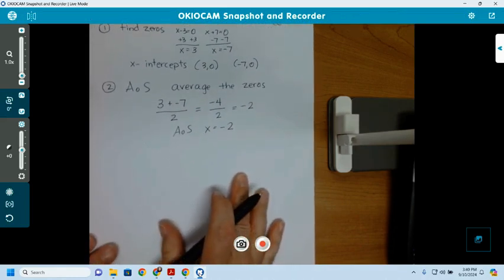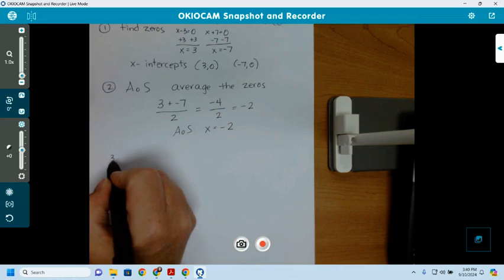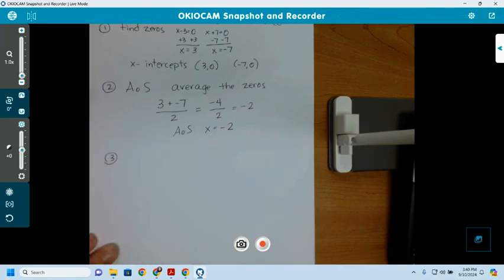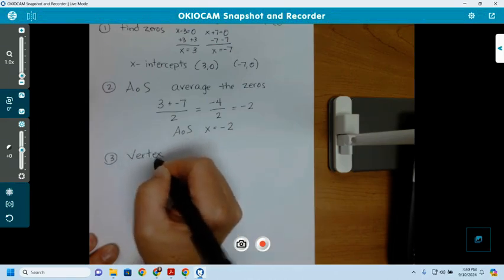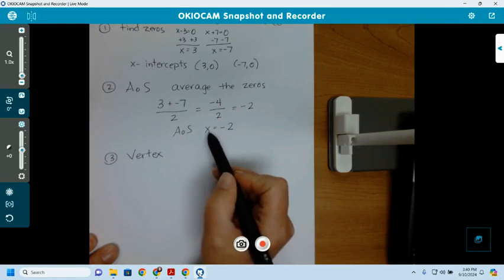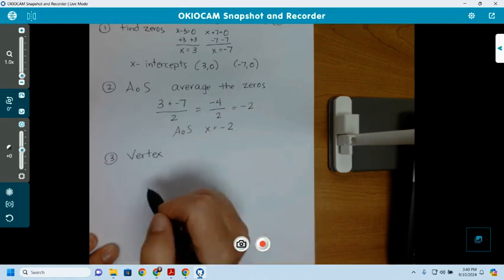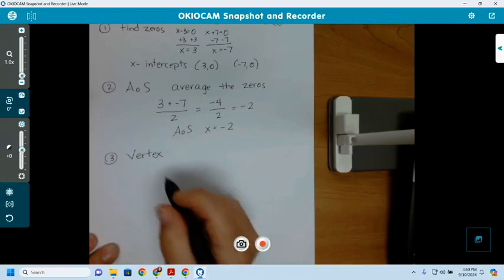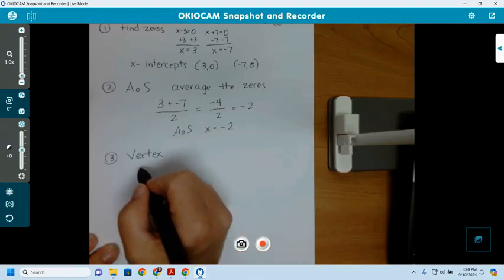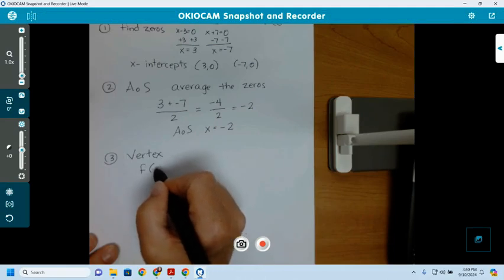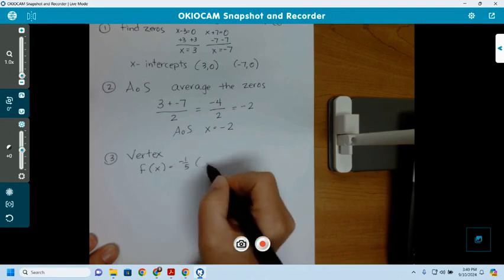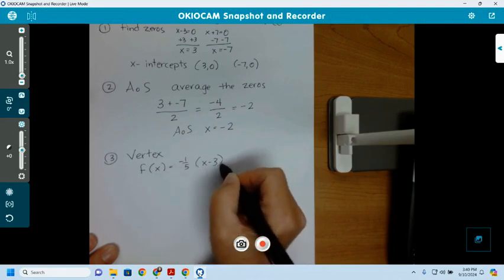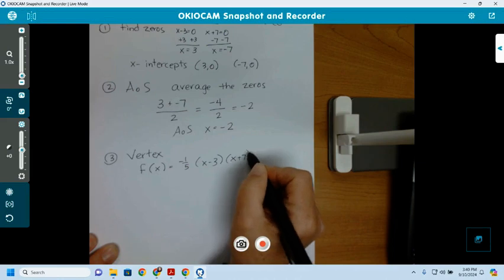Once we know the axis of symmetry, the next thing that we can figure out, if you look on your flip book, is to find the vertex. Once we know the x value, let's plug it into the original equation and we can find the y value of the vertex. So the original equation is f of x equals negative 1/5 times x minus 3 times x plus 7.